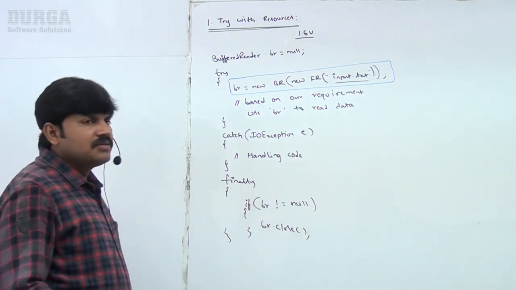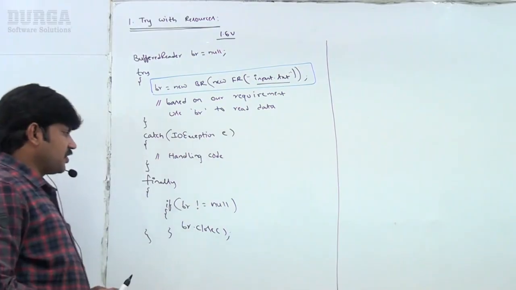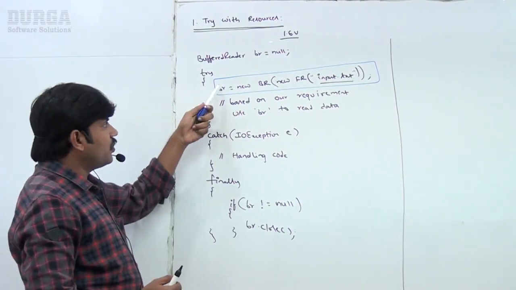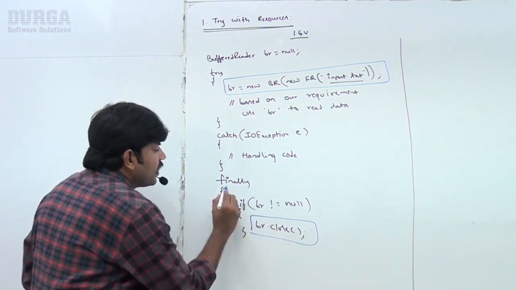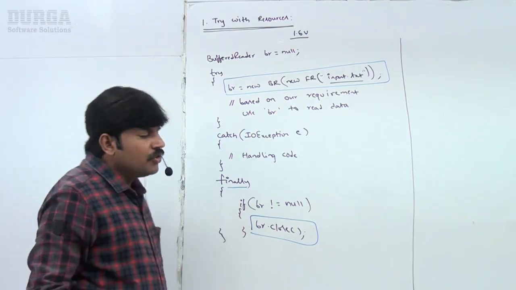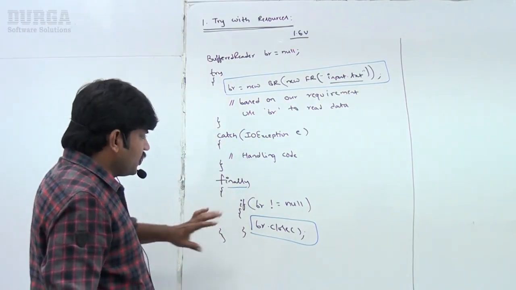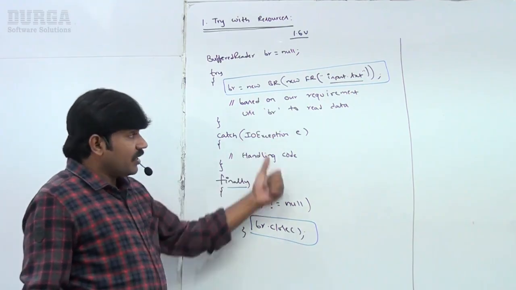That's all. This is the style we have until the 1.6 version. Whatever resource you open, you close it inside the finally block. I don't think you face any difficulty or complexity in understanding this.